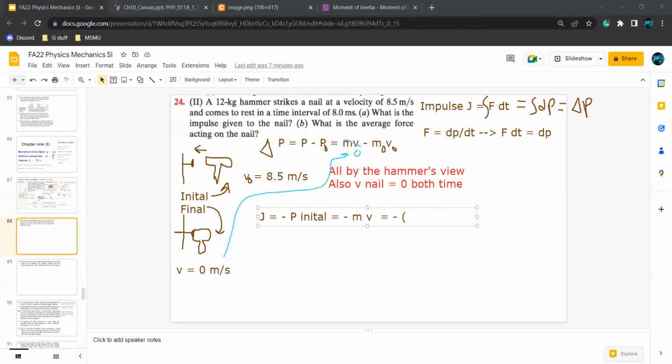It's negative M, which is 12 kilograms, because it says in the problem, and then 8.5 meters per second. Which should come out to be negative 1.02 newtons times seconds.